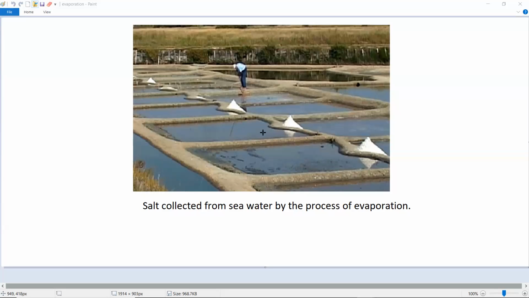Therefore, evaporation is the process of converting a liquid into its vapor state either by exposing it to air or by heating, and this method is used to separate the components of a homogeneous solid liquid mixture.